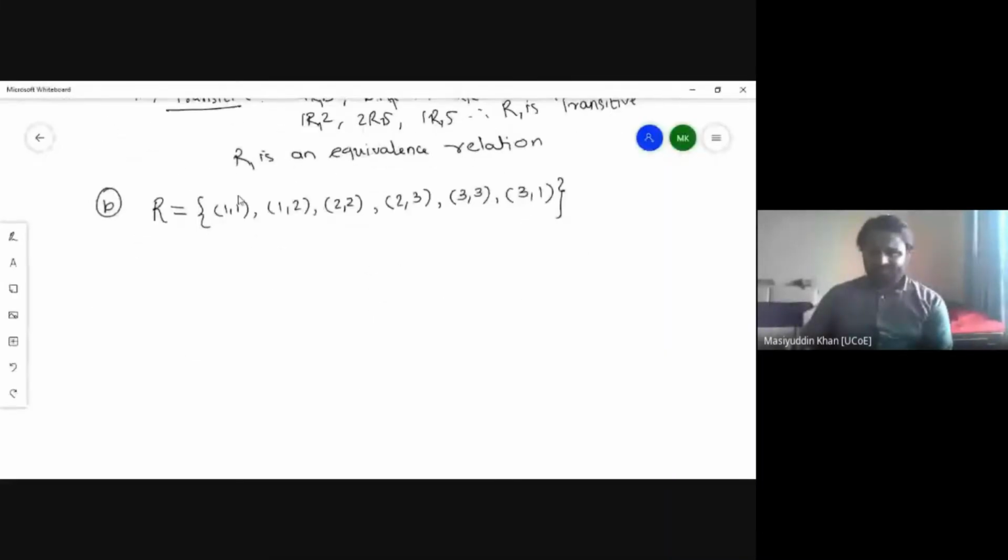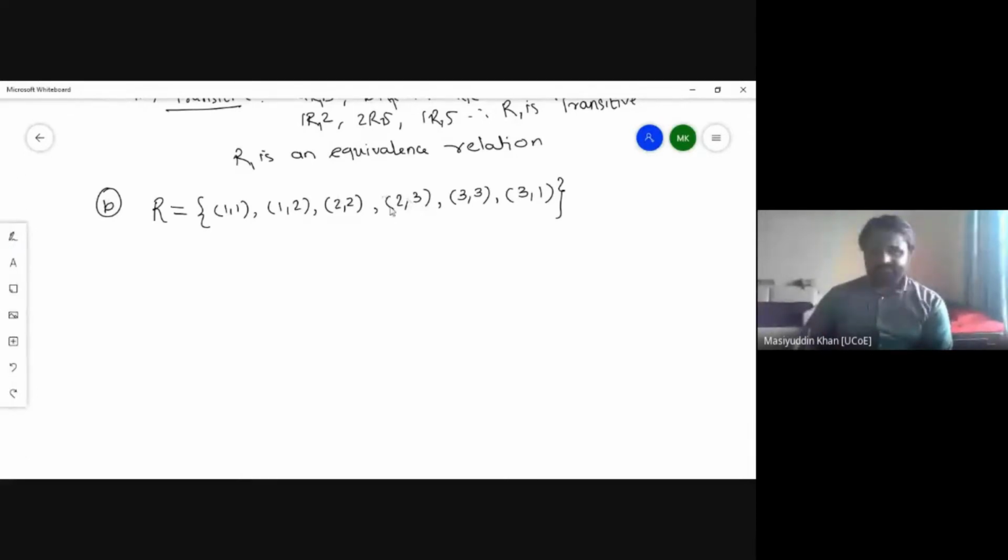If I say A to B, B to C, then what will the next part be? Reflexive is present here, but we have to prove symmetric and transitive.